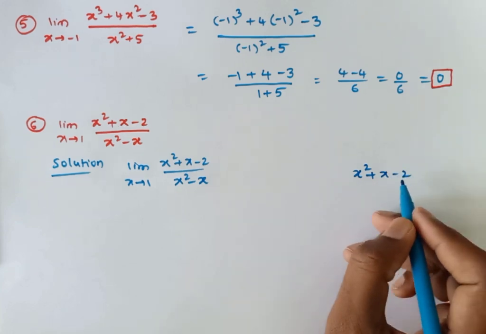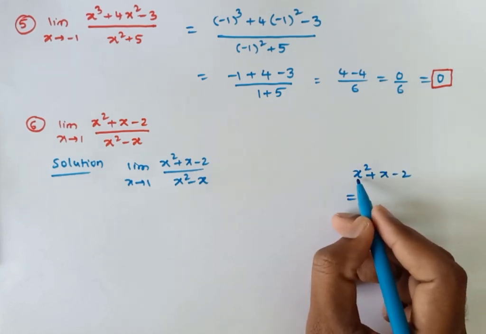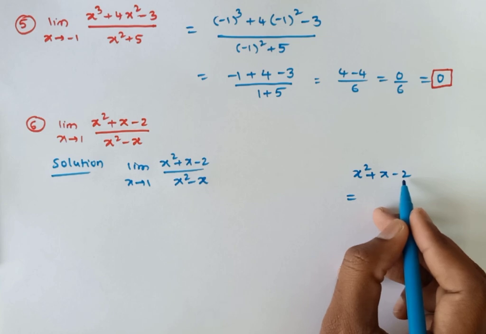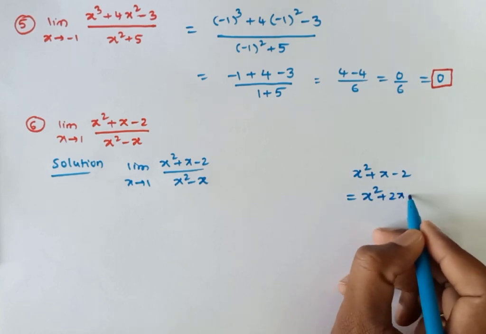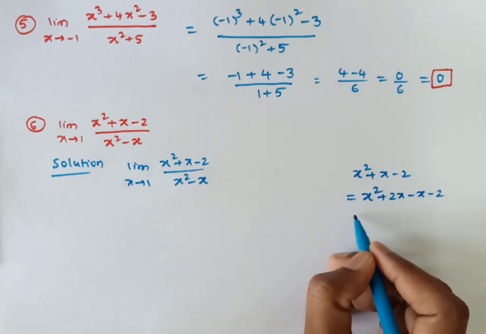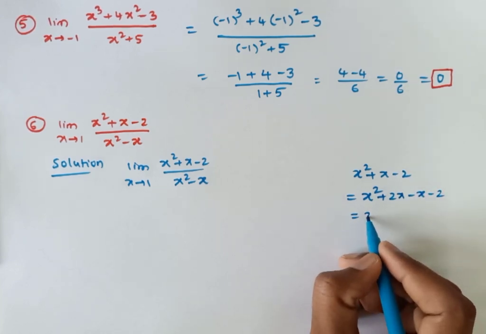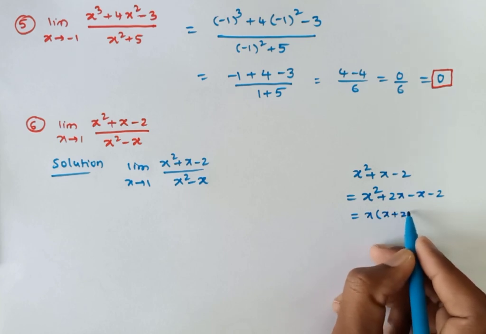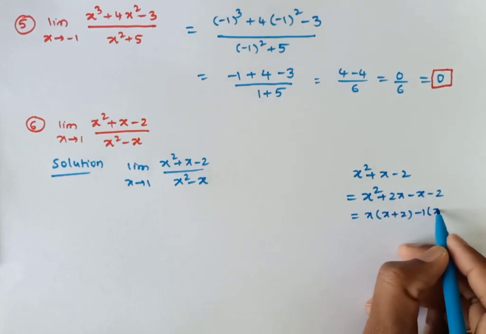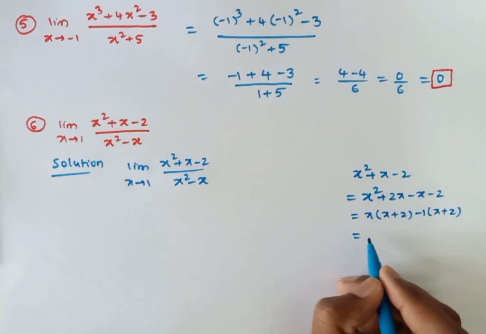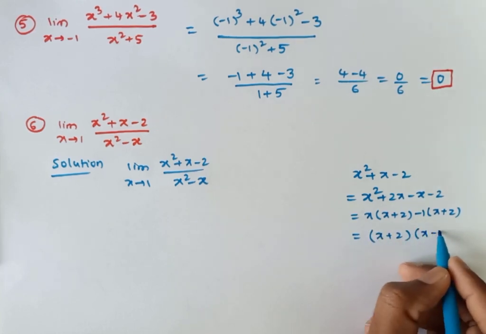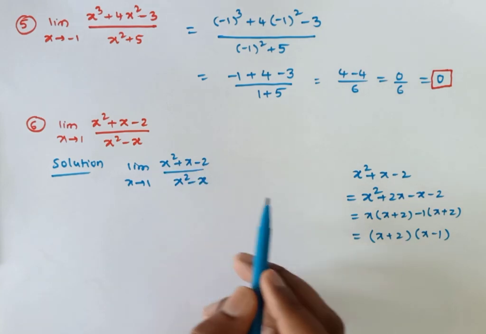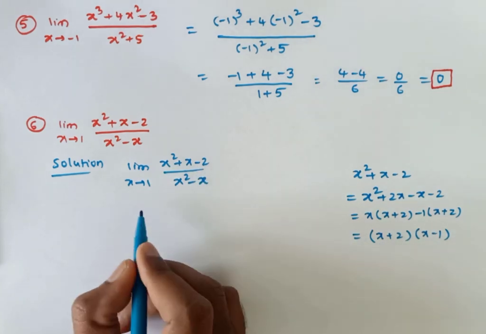We can write it as x square plus 2x minus x minus 2. Taking factors, this is x times x plus 2, minus 1 times x plus 2, so it is x plus 2 into x minus 1. So the factors of x square plus x minus 2 are x plus 2 and x minus 1.